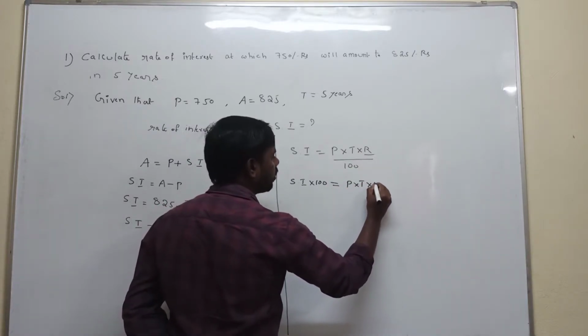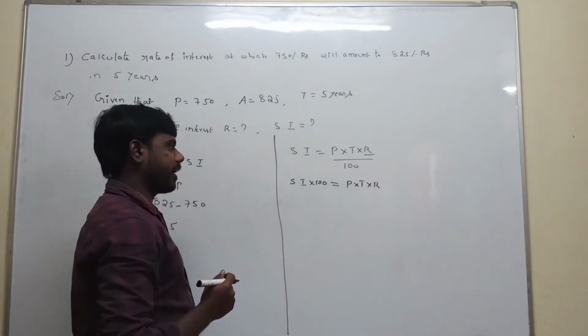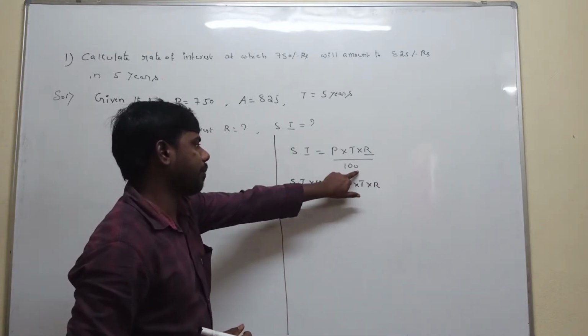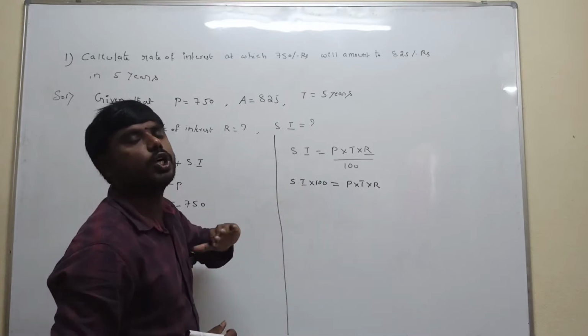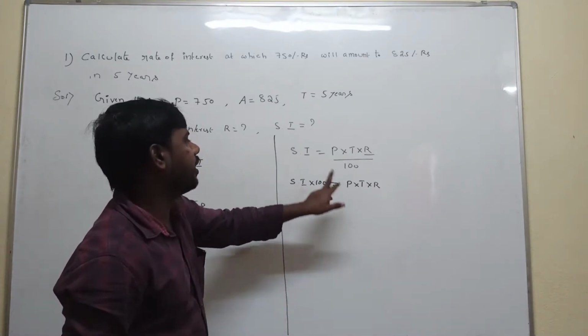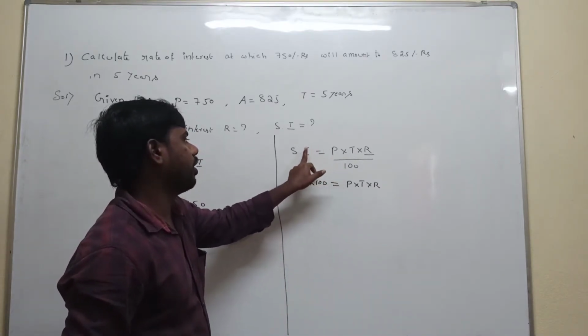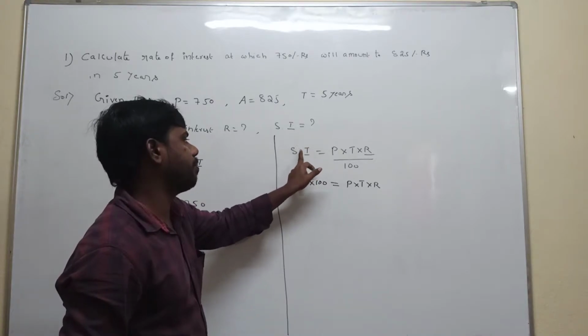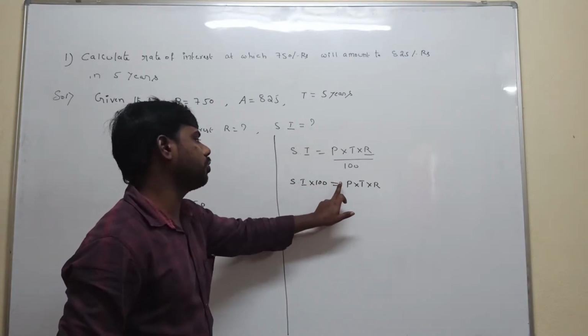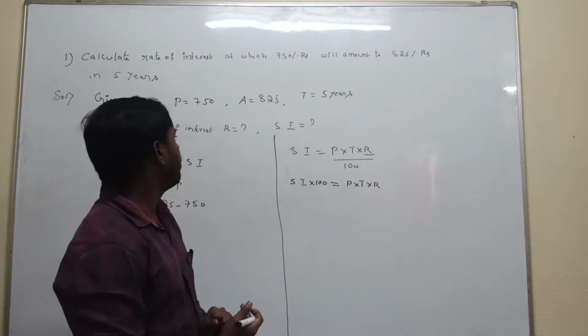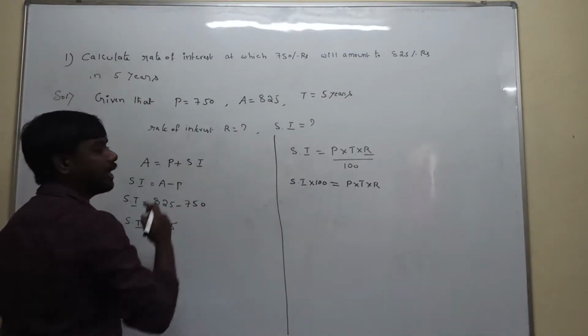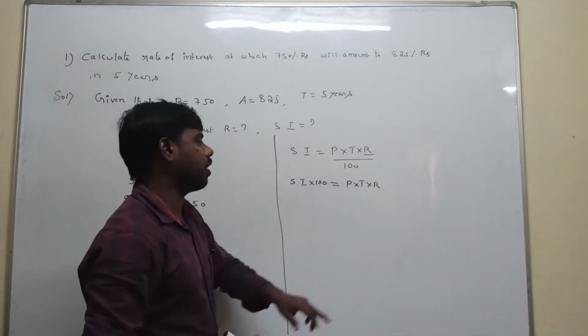into R. Now we are taking 100 cross multiplied with the LHS numerator. That's why the product with the LHS numerator, simple interest into 100, is equal to PTR. But what they are asking is to calculate the rate of interest.